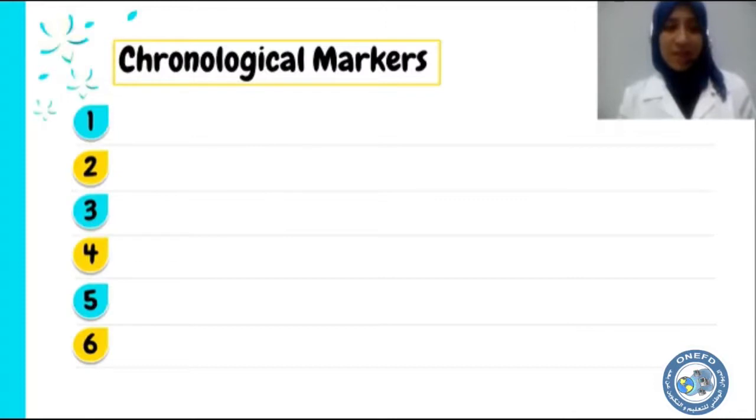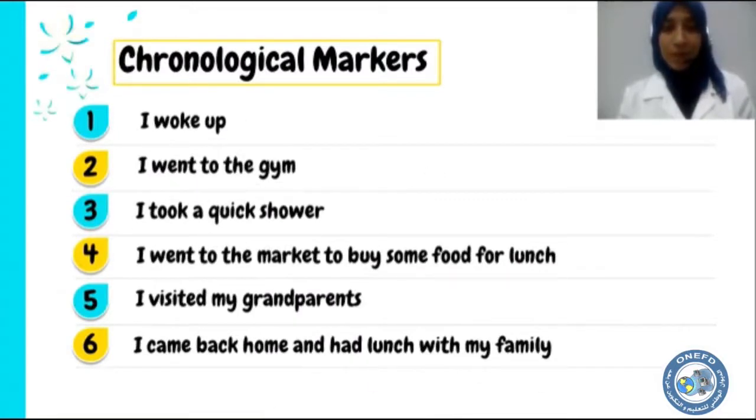Here we have the 6 activities we have seen in our last example. And instead of saying I woke up at 8 a.m., you can say, first, I woke up. Second, I went to the gym. Next, I took a quick shower. Then, I went to the market to buy some food for lunch.